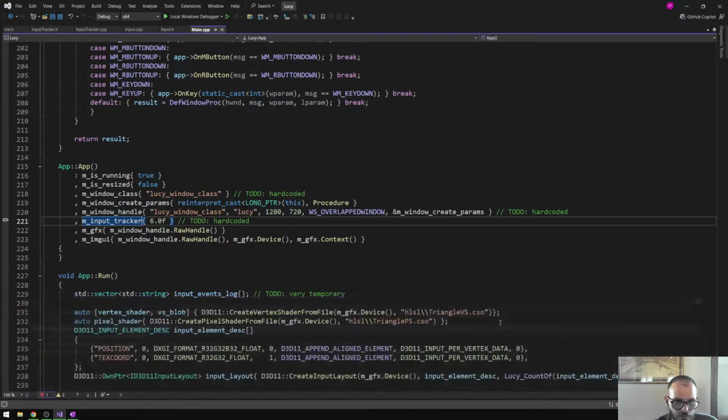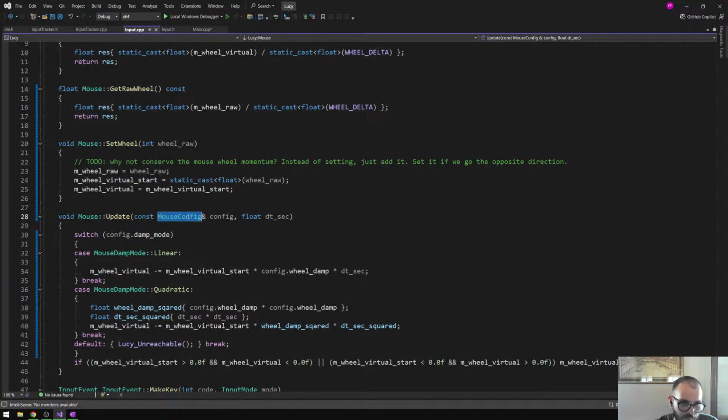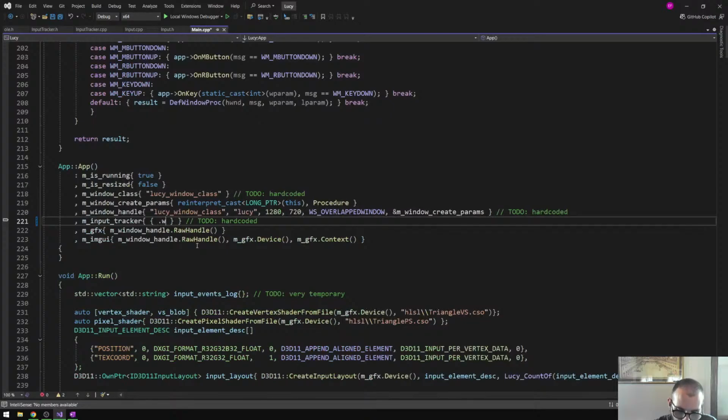Input tracker, oops. Input tracker dot will damp dot damp mode, mouse damp mode, let's say linear for now. Let's say linear.